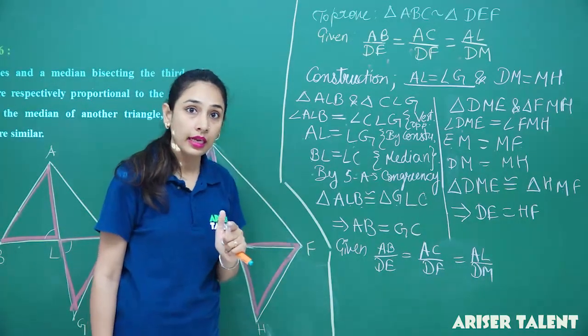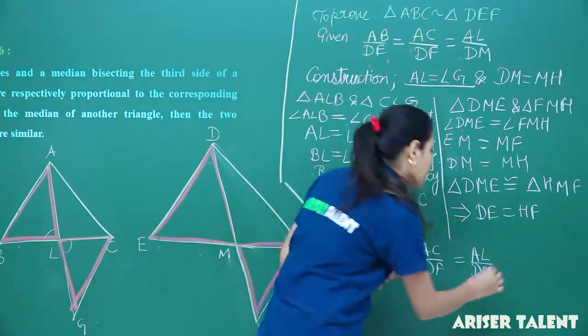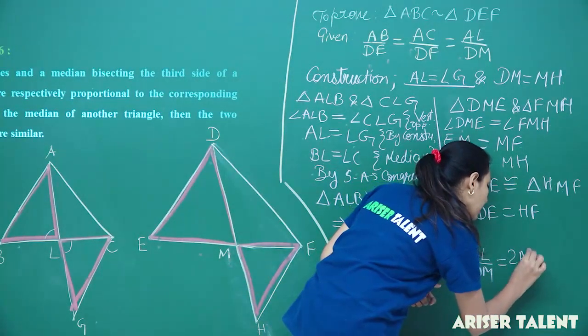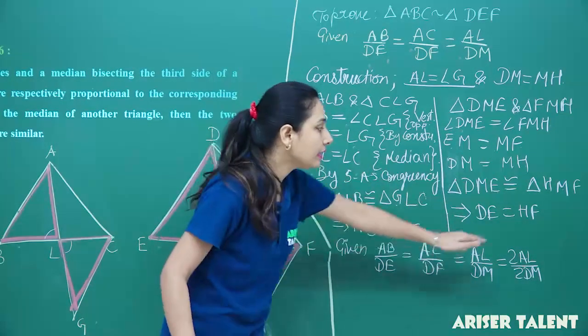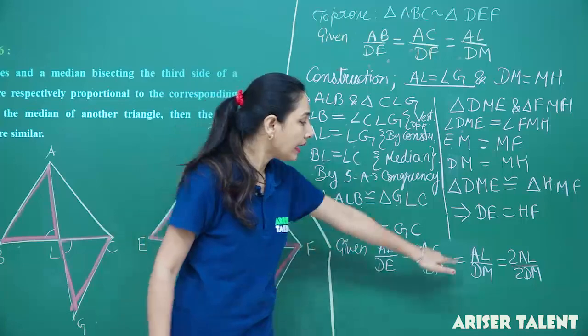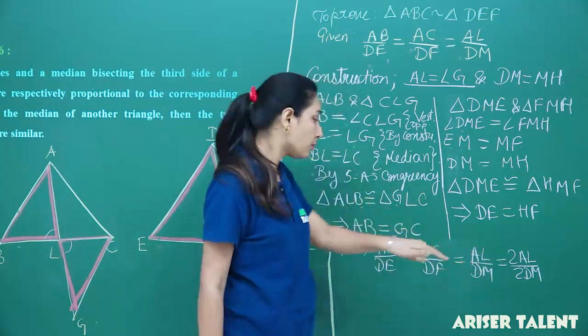Now students, can I write this AL by DM as 2AL by 2DM? Because the 2 will be cancelled out and it will become AL by DM again. So these two proportions are equal.